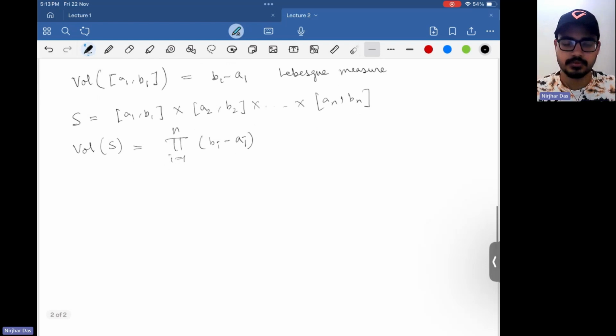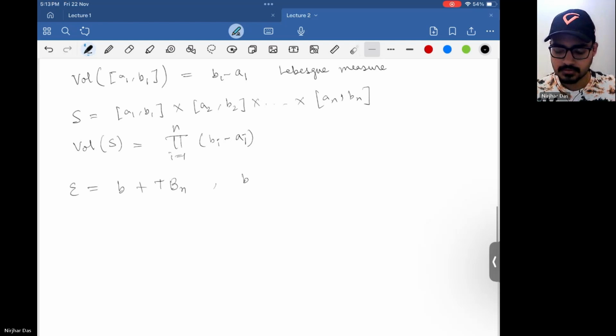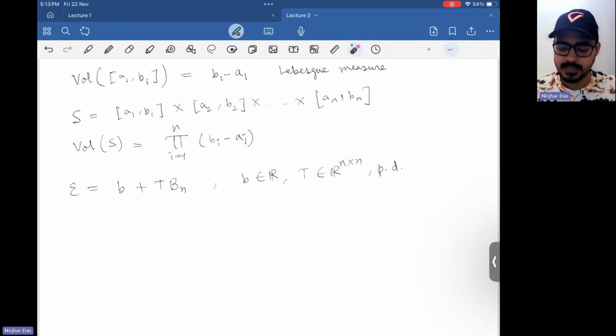And one such object that we are interested in studying is the ellipsoid. Last time we saw that an ellipsoid is given by a linear transformation plus a translation of the unit ball. We will denote with PD the set of positive definite matrices, and b is a vector. Recall that Bn is our unit ball in n dimensions.